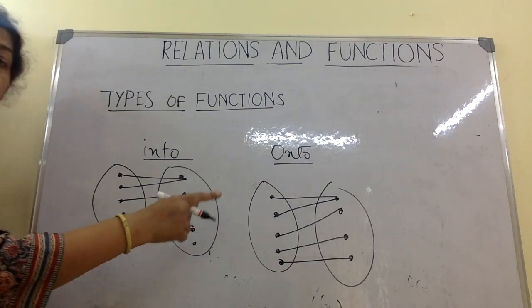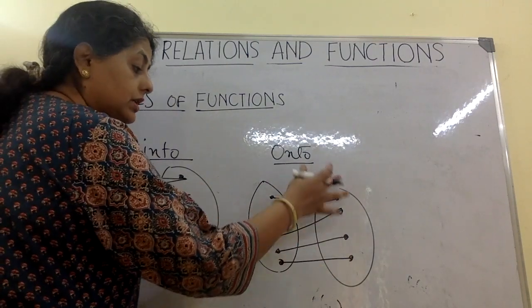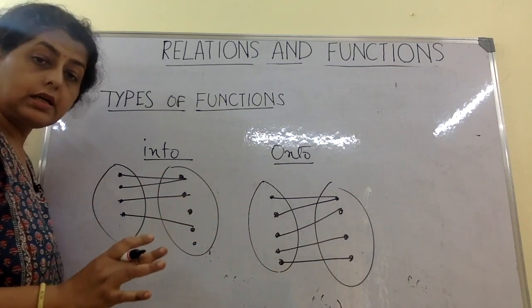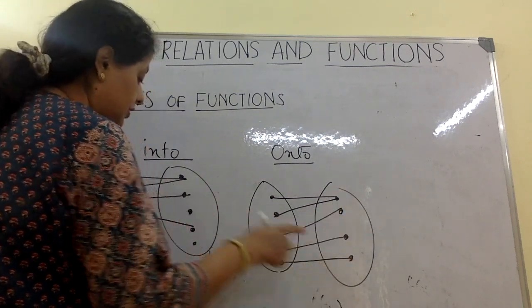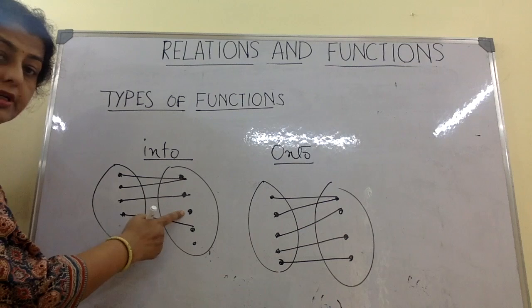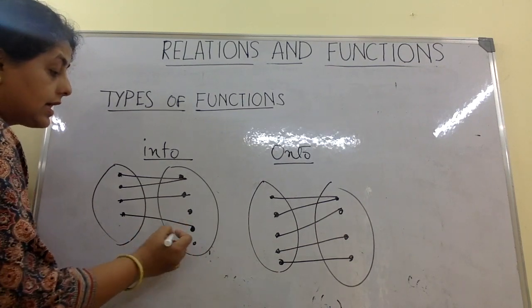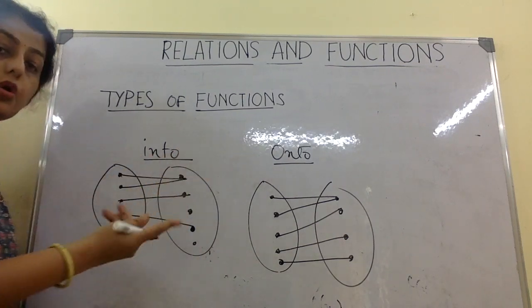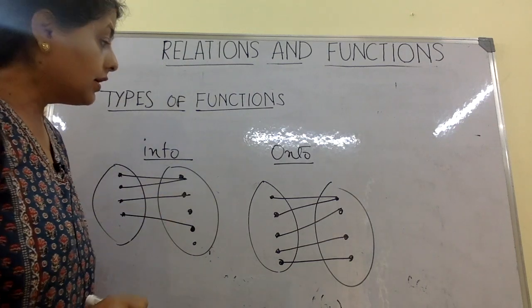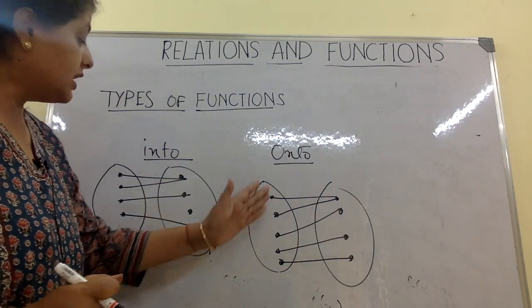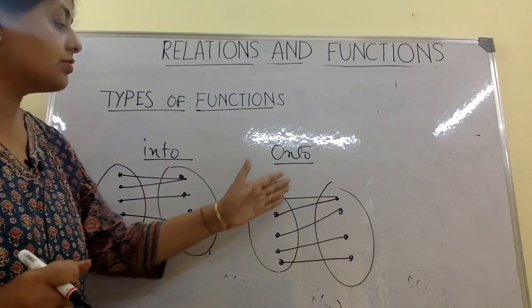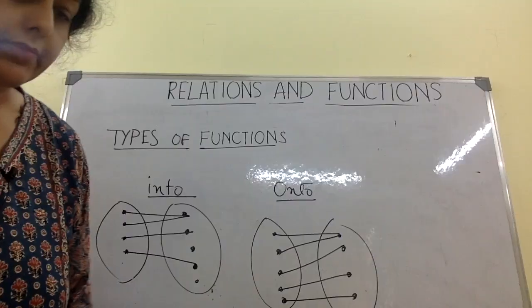So this is an onto function where the codomain is completely used up by the domain. There is nothing left here. Here there are 2 points left, so that is an into function. This is an onto function, very simply. You can say this is many-one into, this is many-one onto.